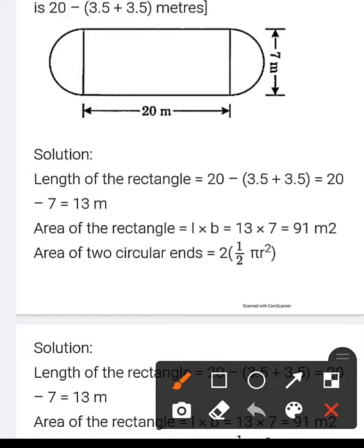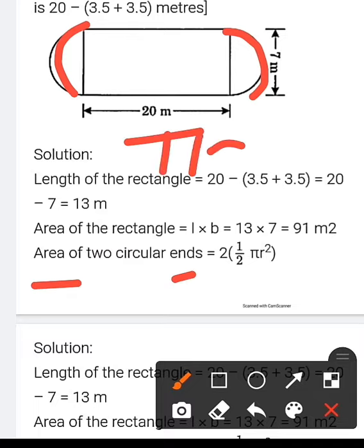Now we need to find the area of these two semicircular ends. What is the area of a circle? You need to recall the formula: area of a circle is pi r square. We have also used it last year in 7th standard.